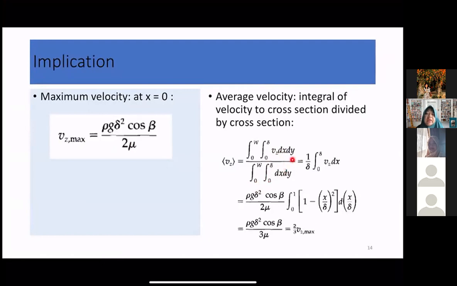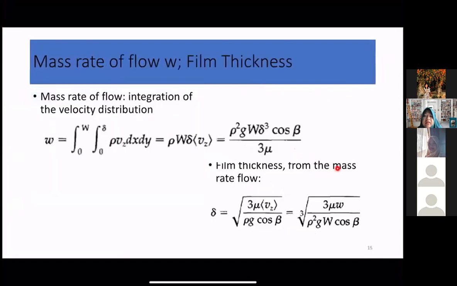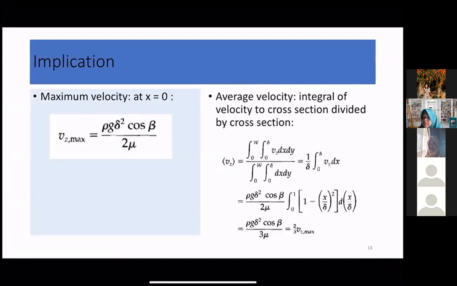It is equal to 1 over delta, integrated from 0 to delta of Vz dx. Let's take the constants out and integrate this one, changing dx into dx divided by delta to make quite a similar form.